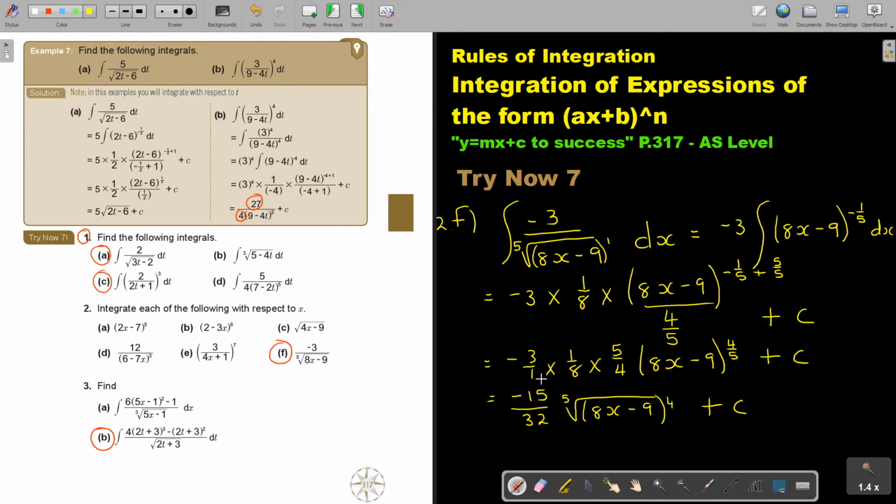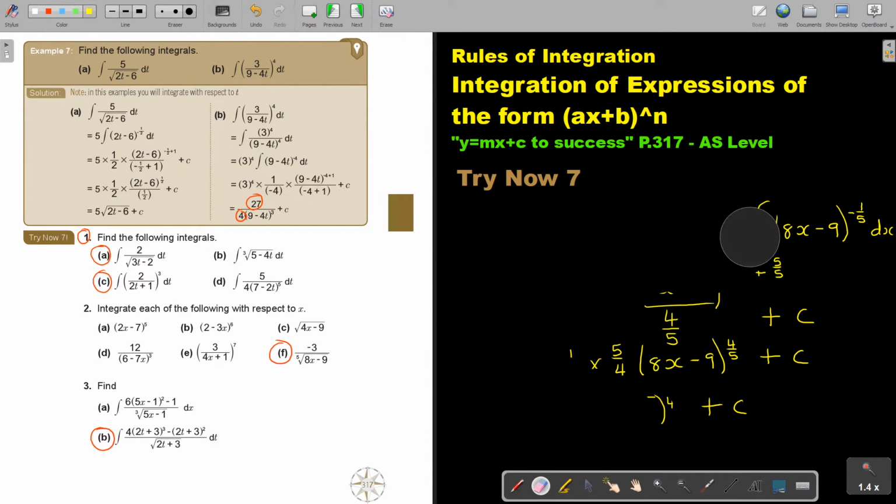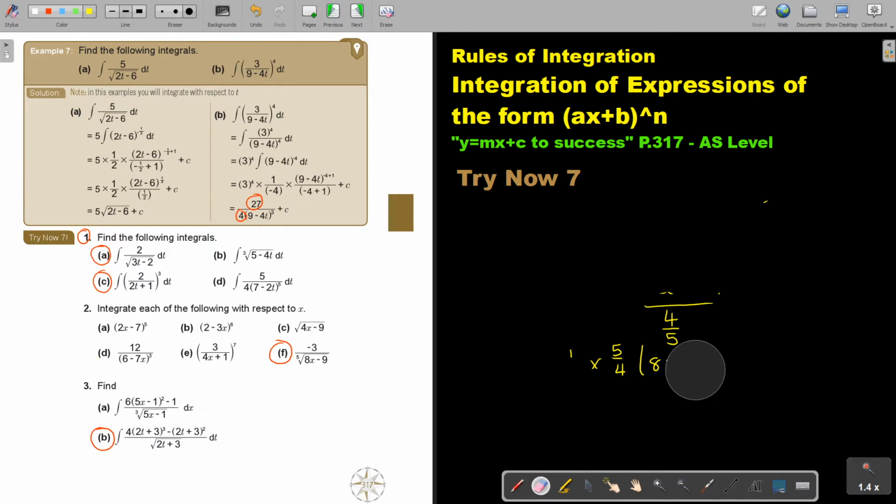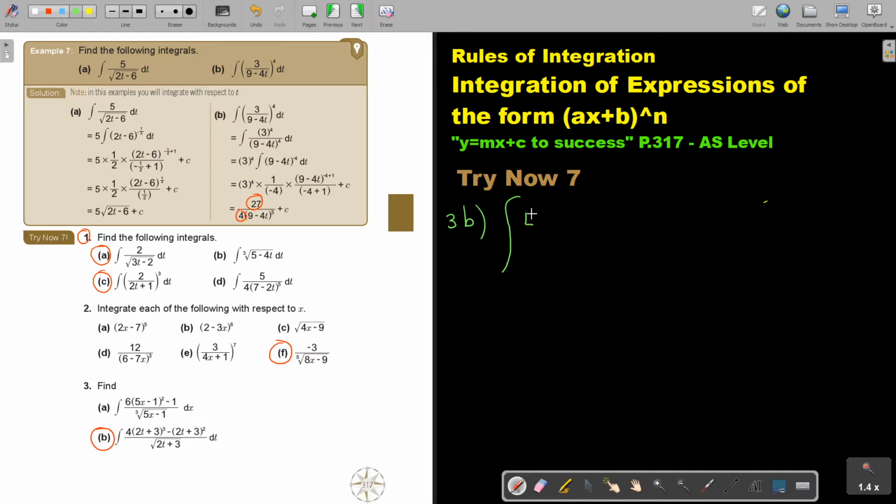Okay, then we're going to do number B. Again, I'm going to make space. Number 3B. Oh, this is a long one. But take it step by step. Then it's not so challenging.